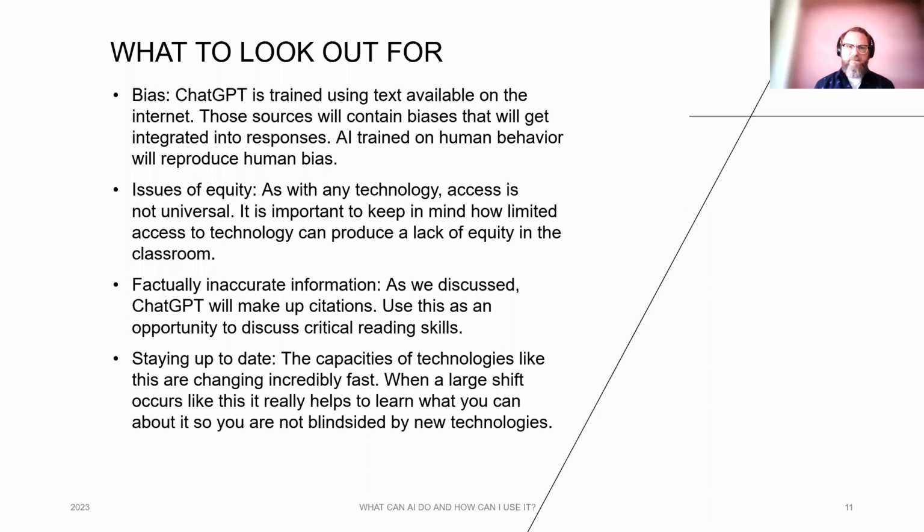Issues of equity. Not everybody is going to have access to this. You have to have a computer, you have to have internet access, and you have to keep in mind that not everybody you're working with, in an online class or an in-person class, will have the same access to technology.